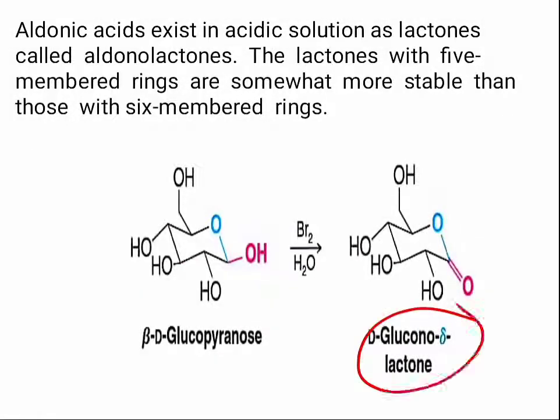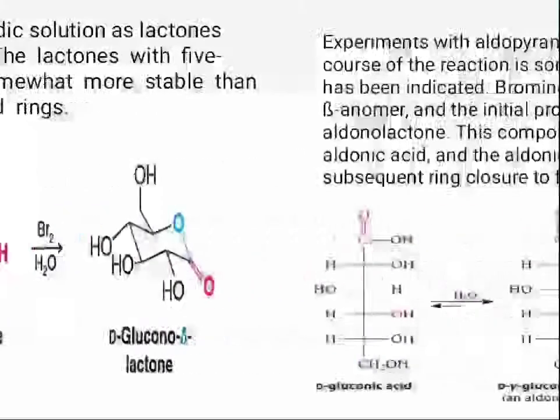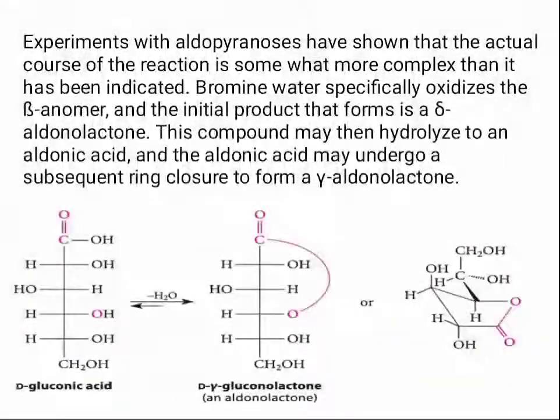You have got this delta lactone here, and now if you add some water, then you will get this gluconic acid. Now in the delta lactone, this OH was involved in the ring formation, but after adding water, you have got this gluconic acid.